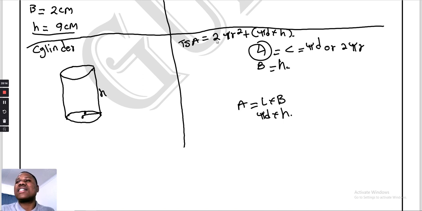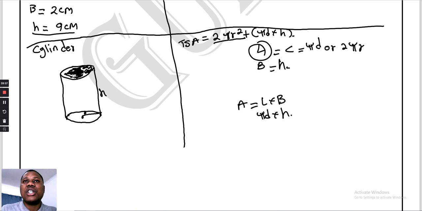Meaning that the first formula here is to calculate the area of two circles that are found in a cylinder. Now I'm going to go to my example. Here is a circle. How do we calculate the area of this circle? It is pi r squared, but we don't have one circle. We have two circles. That is why I have multiplied by 2.